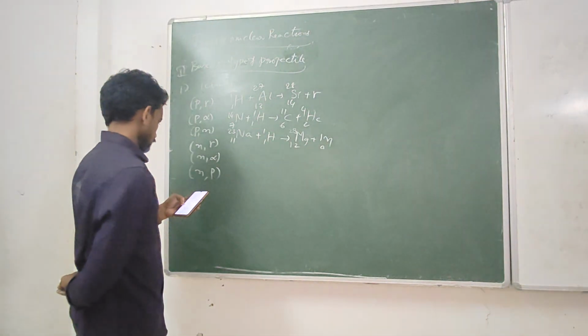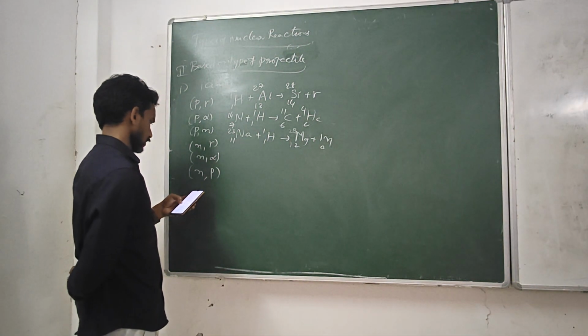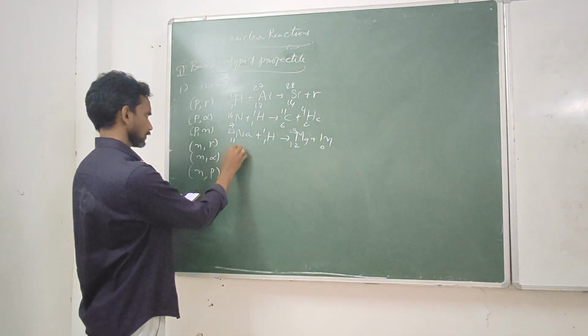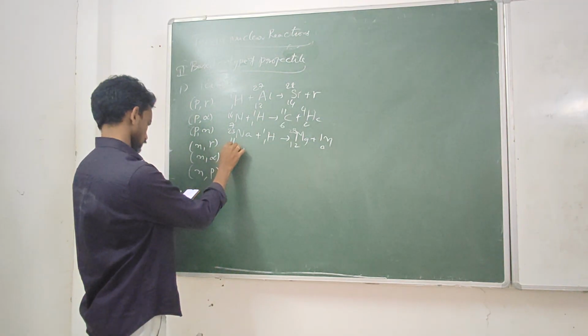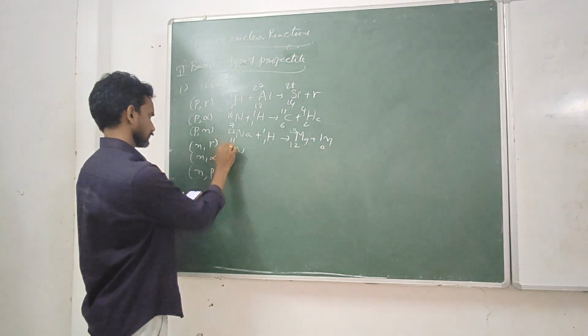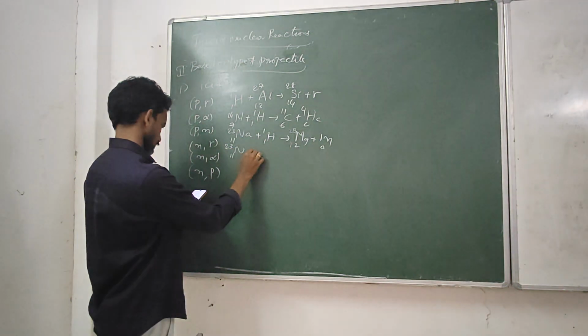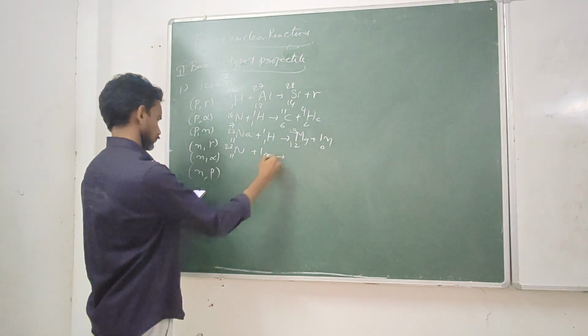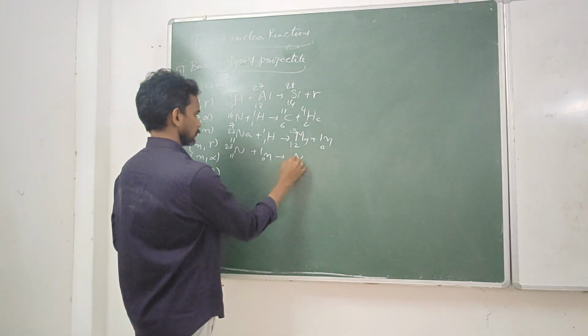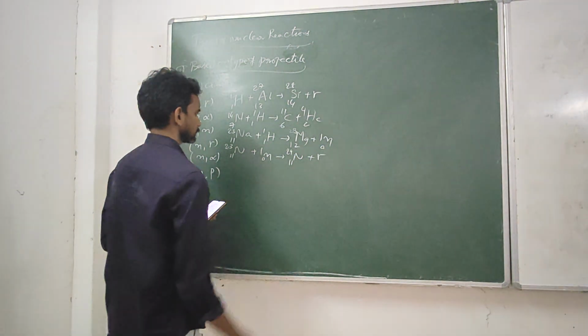Okay. So neutron gamma, neutron alpha, neutron proton. Neutron gamma: Na1123 plus N01 gives you Na1124 plus gamma.